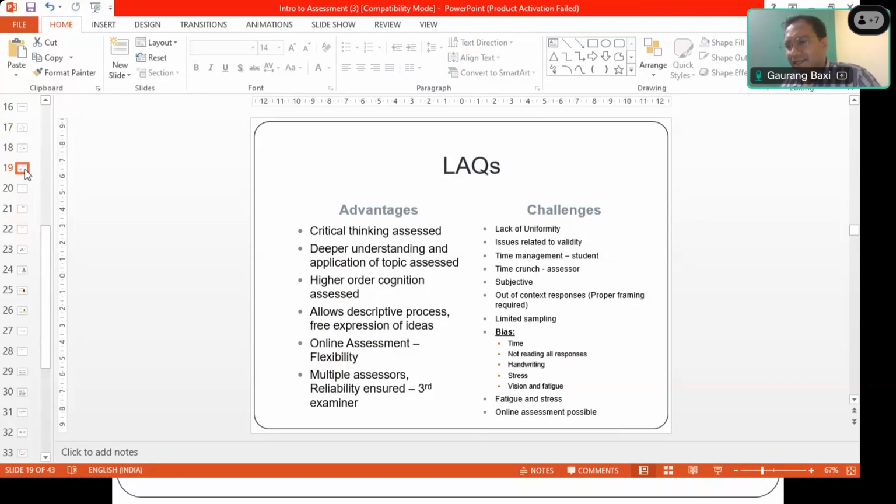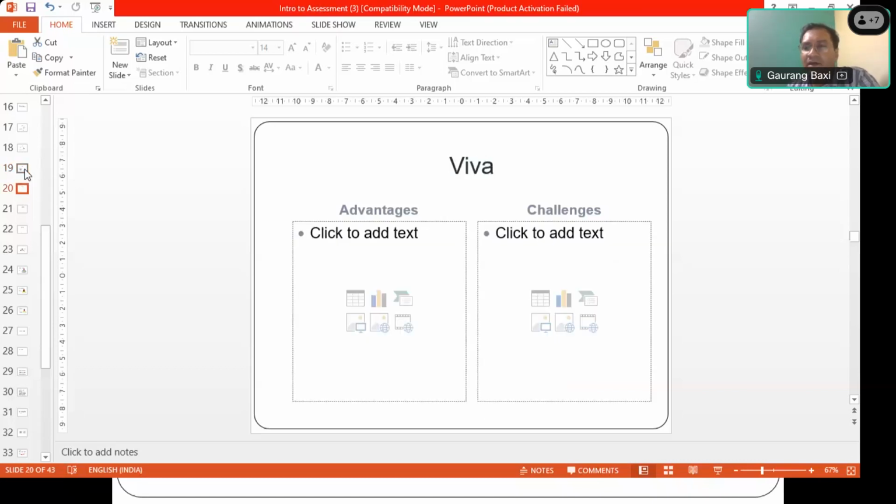Next week's session is going to be specifically on SAQs and LAQs, discussing more dimensions of these and seeing how to take care of the challenges which exist with these methods. MCQs, SAQs, LAQs are all for the cognitive domain. Even Vivas are again for the cognitive domain.